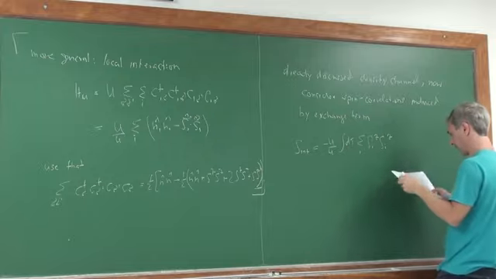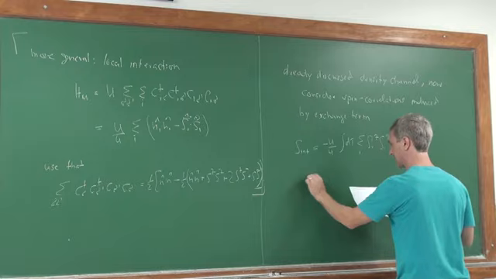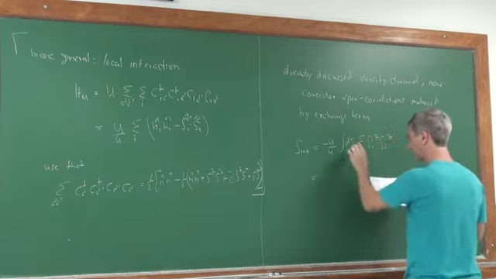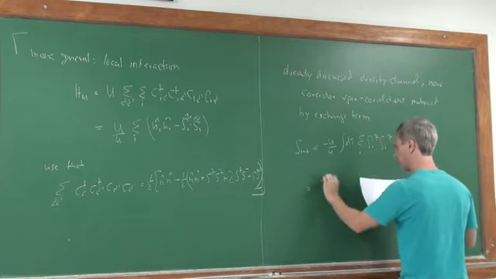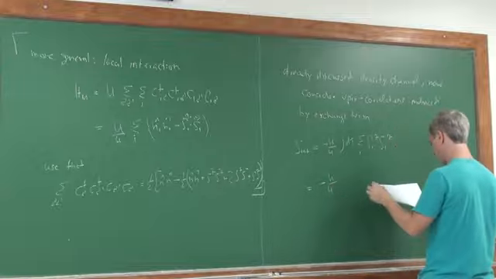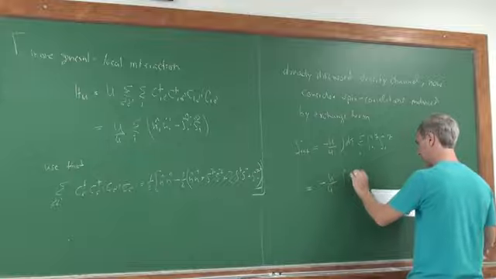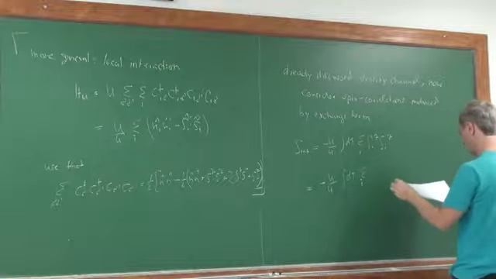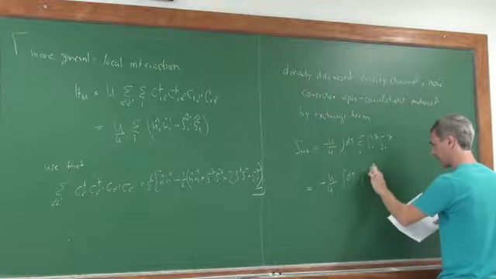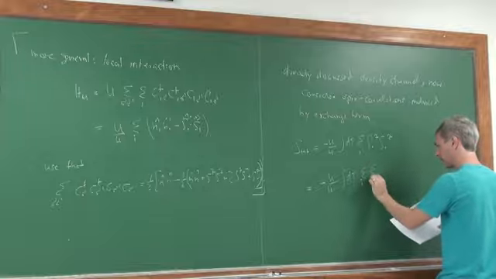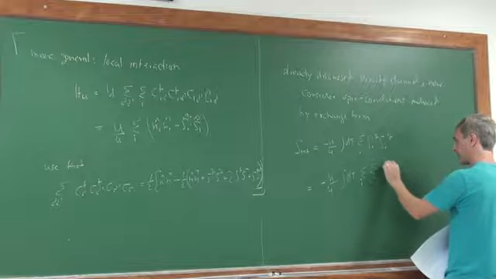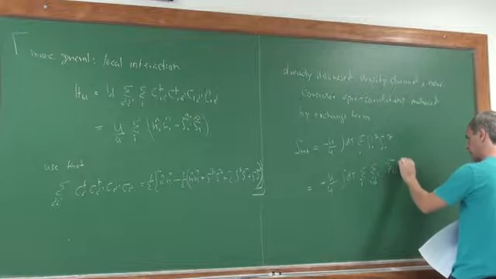Now we have here the minus, and let me write this down once explicitly. Minus 1 over 4 tau, sum over I, sum over sigma sigma prime.